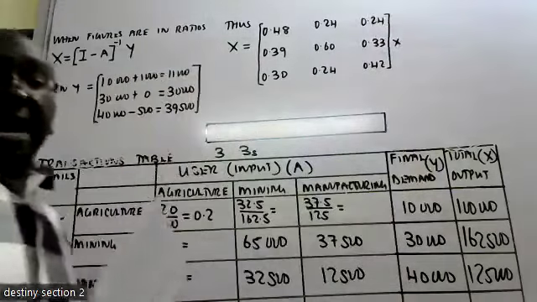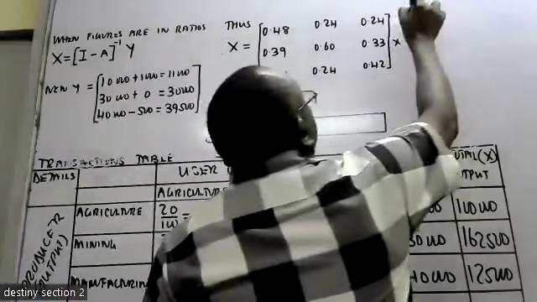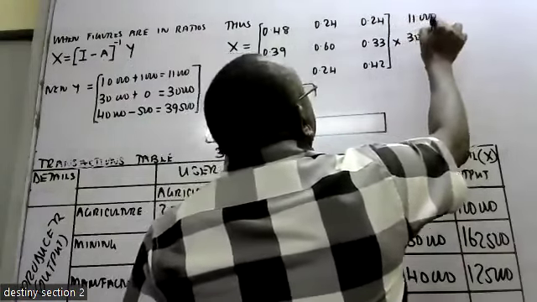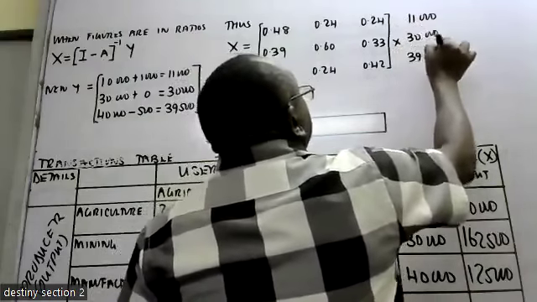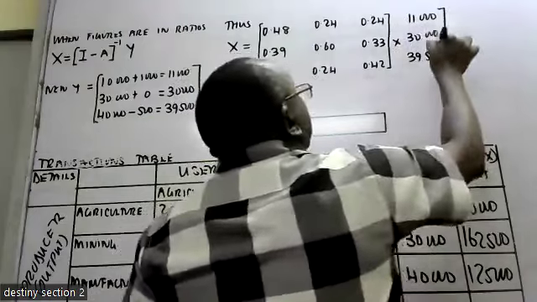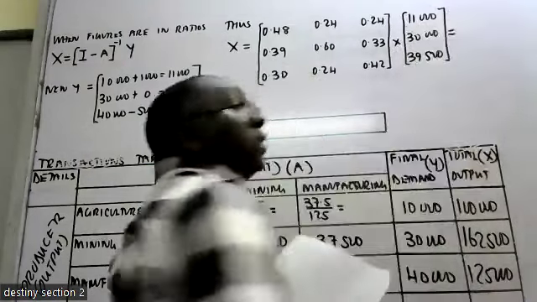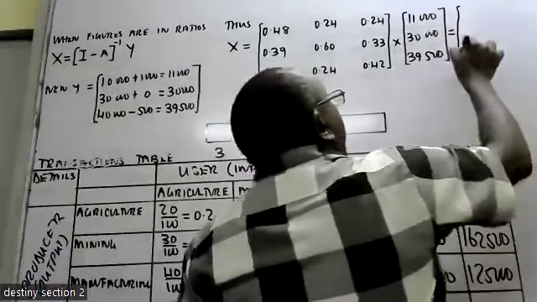We multiply by this one, which is Y: 11,000, 30,000, 39,500. So I want you to multiply and give me the answers.